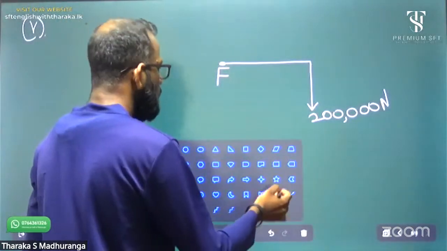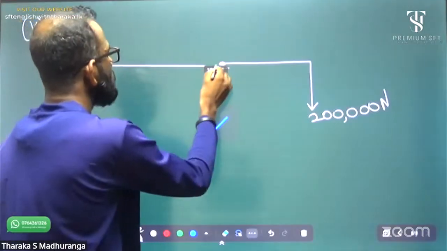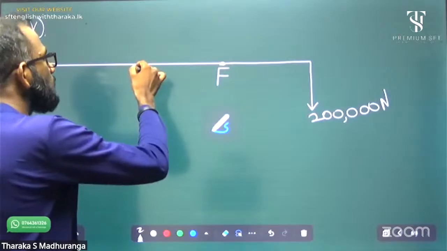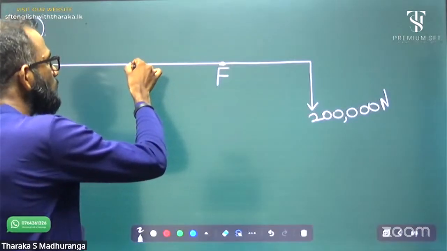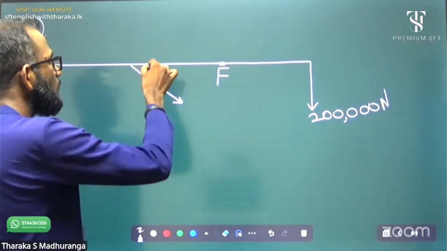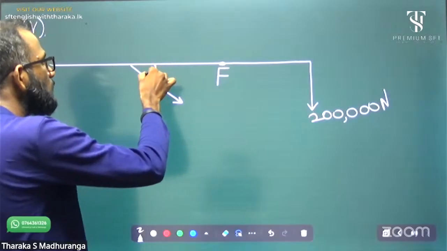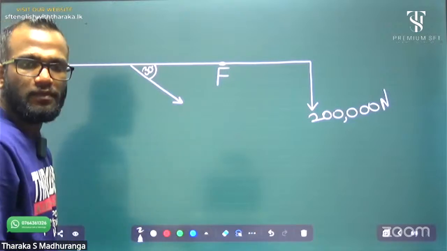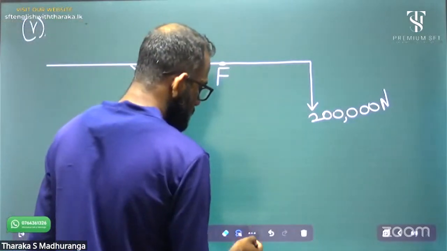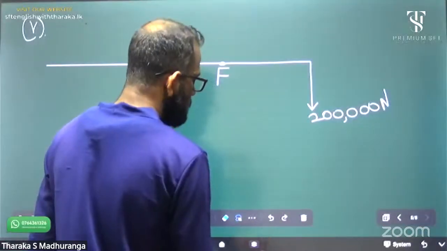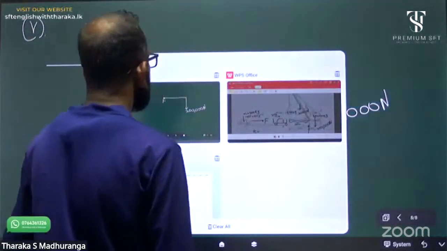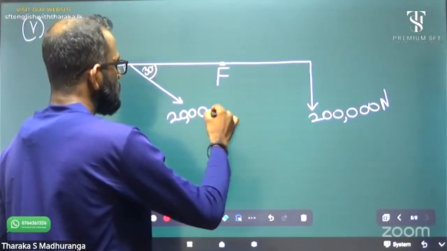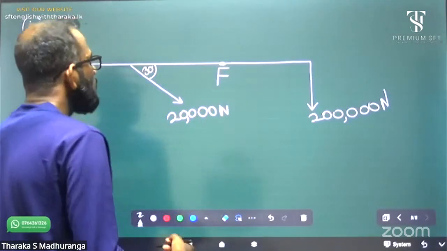This is the total boom, 20 meters. At 10 meter, there is a force with 30 degree. The value is 20,000 Newton.